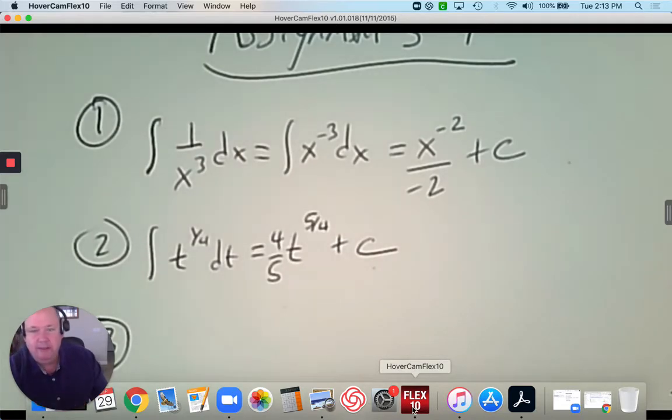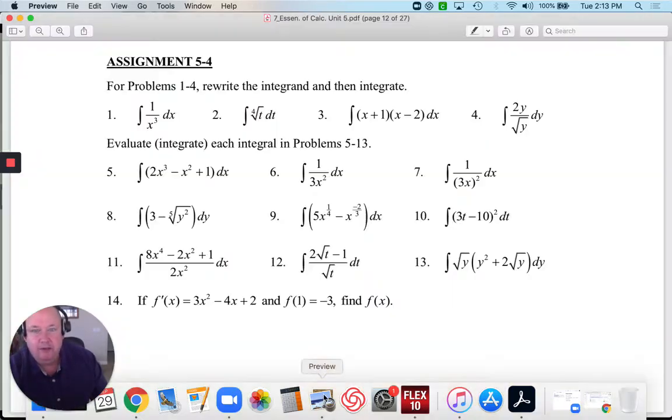In number 3, I think we have to multiply it out. Yeah, FOIL. So that would be x squared minus, it's negative 2 plus 1, which is minus 1x. 1 times negative 2 dx. Put parentheses around it, and then just one at a time.